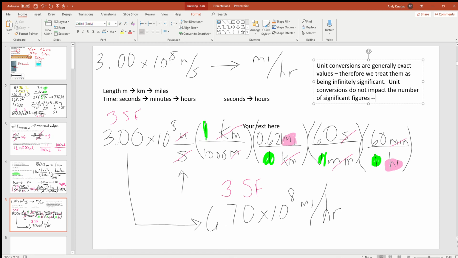And because of that, only the measured value we start with controls the number of significant figures. So that's why, even though it looks like some of our unit conversion numbers only contain 1 significant figure, that doesn't come into play with any of our calculations.